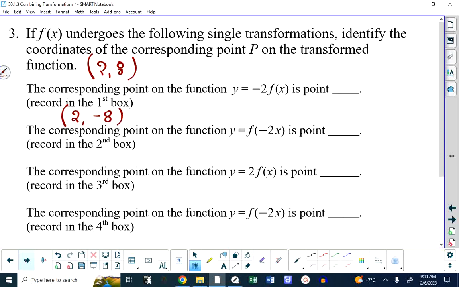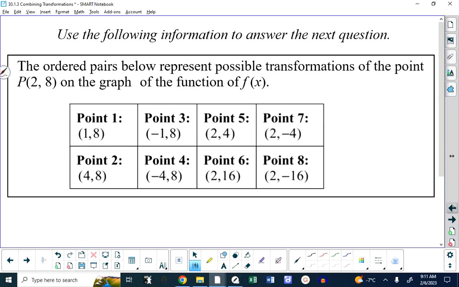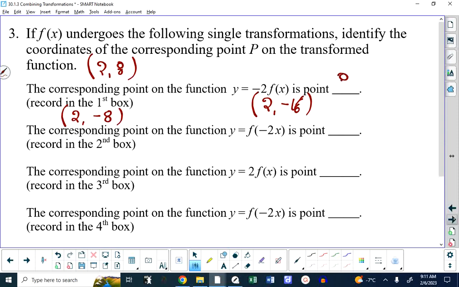So not only does that 8 become -8, but it also becomes -16, twice as great. So this will be the point 2, -16, and you can certainly go to the list and find 2, -16 and put in 8 here. You understand how the question is keyed, like how we solve it, okay, and record our answer.